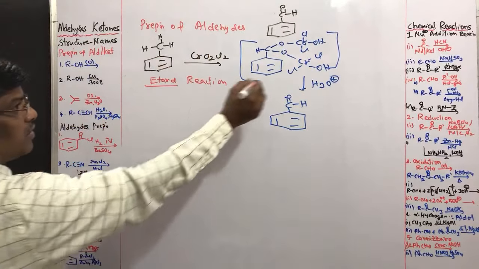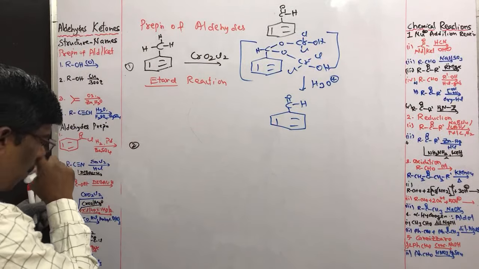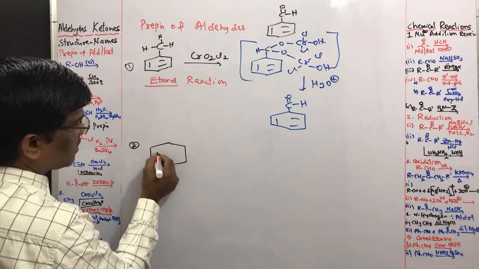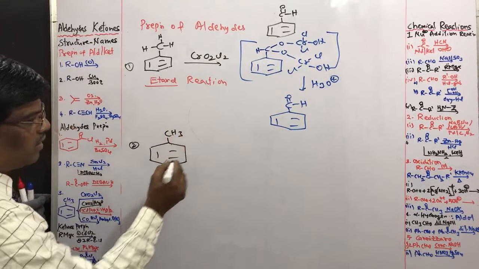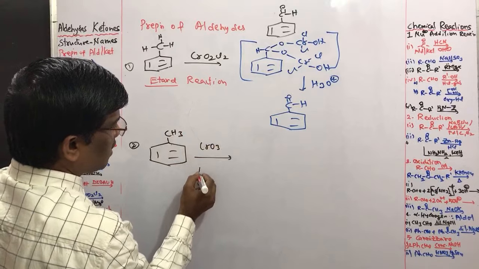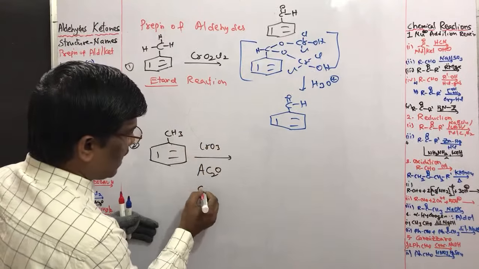Anyhow, so this is one method, and the second method is oxidation using chromium trioxide and acetic anhydride. Toluene, chromium trioxide in presence of acetic anhydride. What is acetic anhydride?